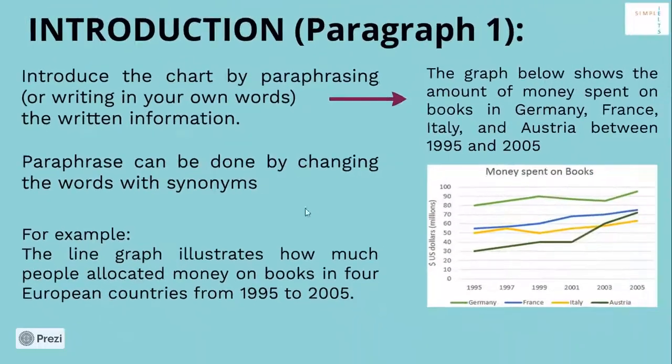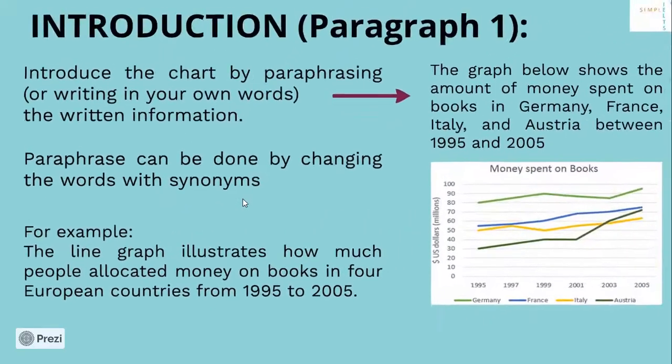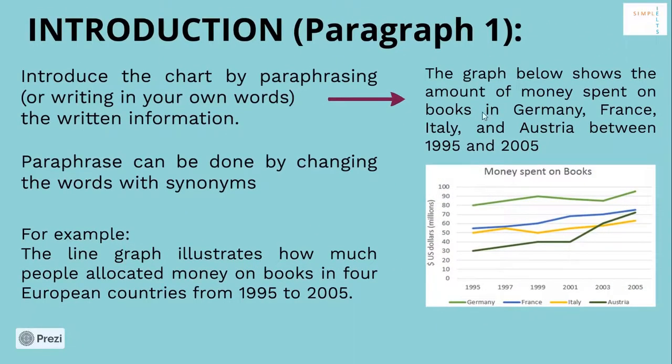Okay, for example, this is an example of how we write an introduction. The line graph illustrates how much people allocated money on books in 4 European countries from 1995 to 2005. So the line graph illustrates has the same meaning with the graph below shows.